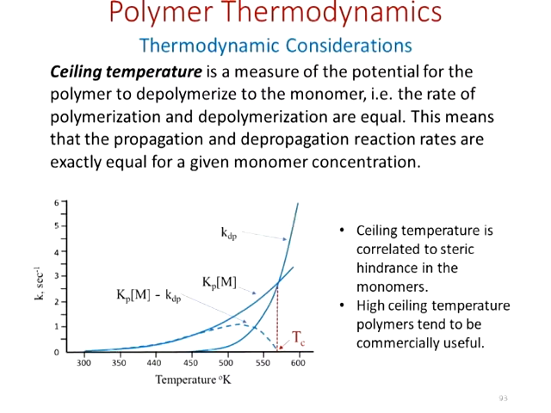Then there's also the rate of polymerization times monomer minus the depolymerization, which is shown in the dotted line.